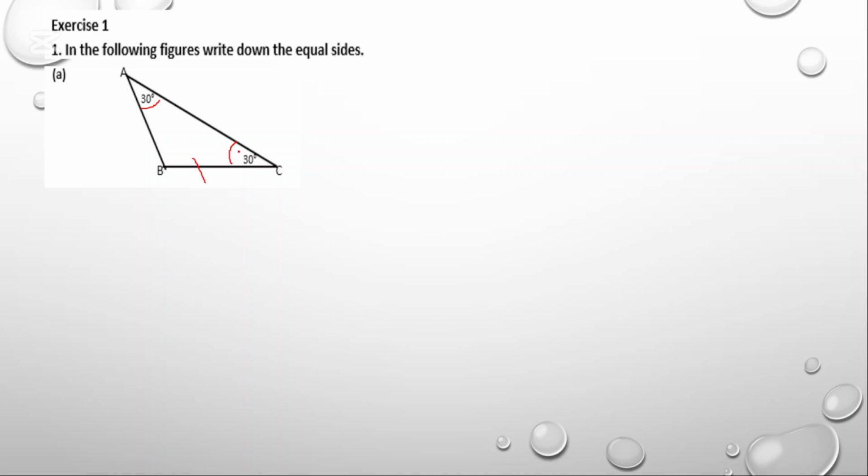The same over here. Angle C, the side opposite angle C is AB. Why? Because AB is not an arm of C. So in this figure, when these two angles are equal, these two sides are equal. Therefore AB is equal to BC.